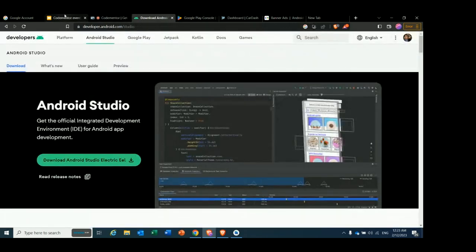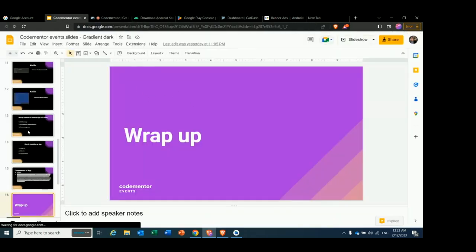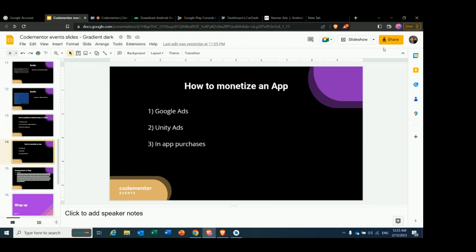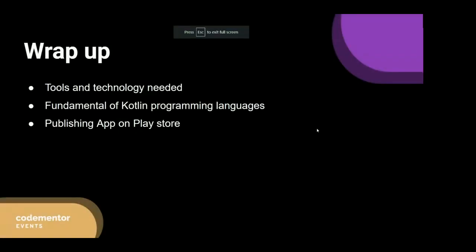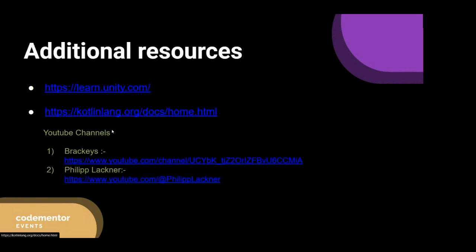So let me show you the resources. Tools and technology needed, fundamentals of the Kotlin programming language, publishing. These are the additional resources which you can use to learn Android and game development.